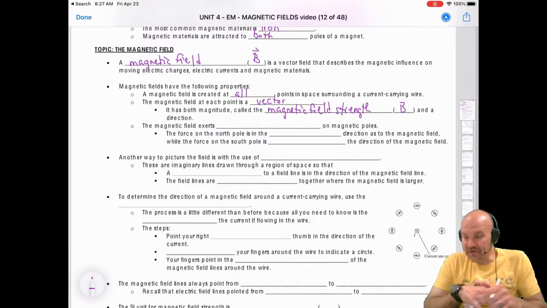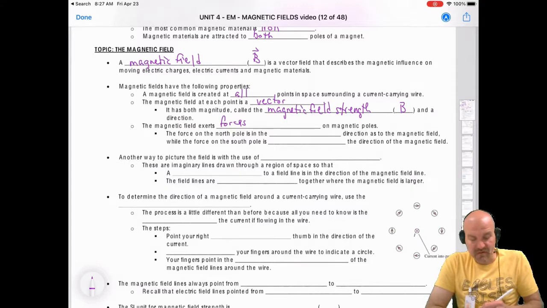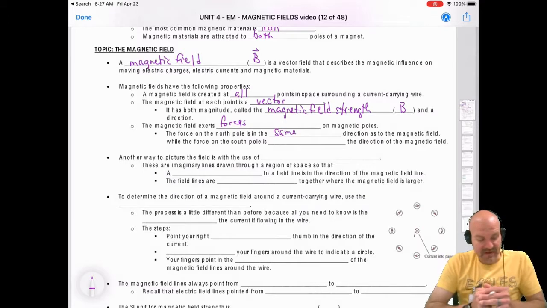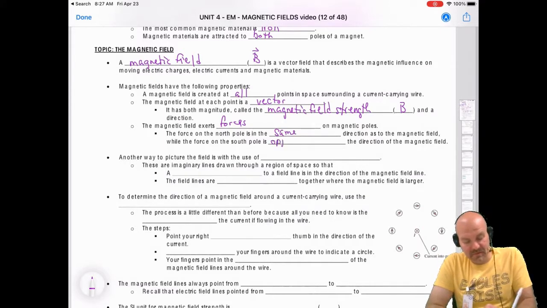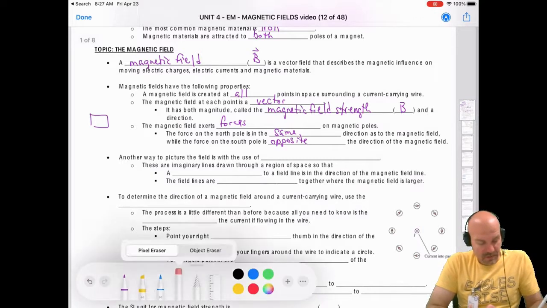So the magnetic field will exert forces on magnetic poles. The force on the North Pole is in the same direction as the magnetic field, while the force on the South Pole is in the opposite direction.